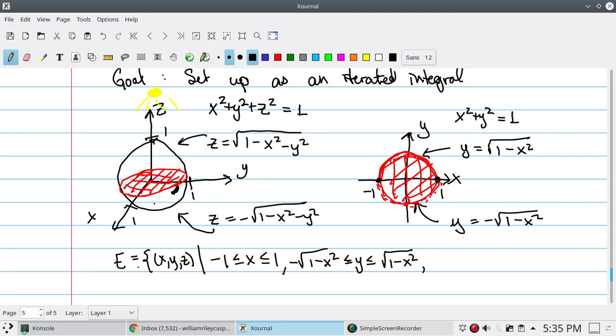Finally, z goes from this lower surface to this upper surface, so z goes between minus the square root of 1 minus x squared minus y squared and the square root of 1 minus x squared minus y squared.